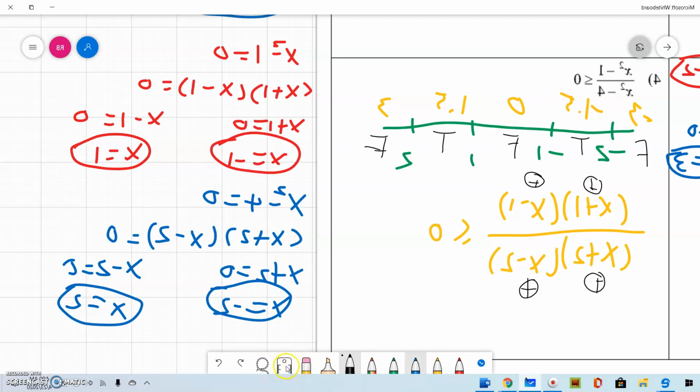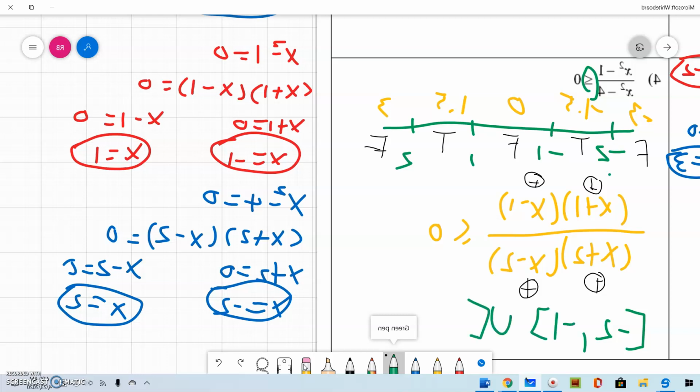So then my answer is from this one, I actually need to use a bracket because it's included, right? So bracket -2, right here, to -1, and 1 to 2. Again, know that I'm using these numbers. The yellow numbers were just to check. And that is the answer.